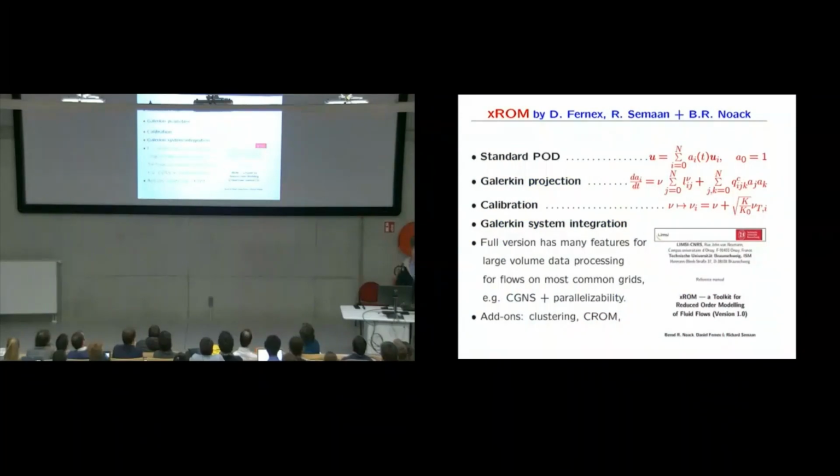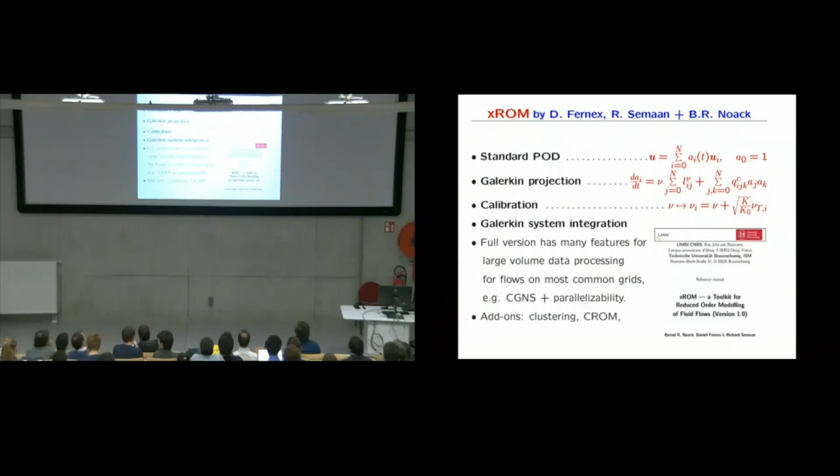And now we get our hands a bit dirty with a small tutorial, xROM. At some point it was called xAMC, but it has been completely rewritten. You go the standard path of the Galerkin system. You include some additional calibration, which includes something like a modal eddy viscosity, and it scales with the fluctuation energy.